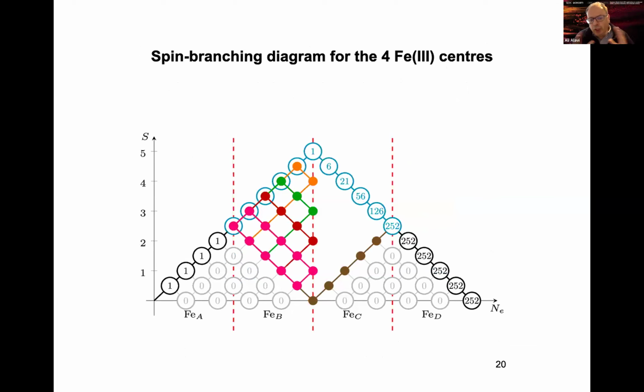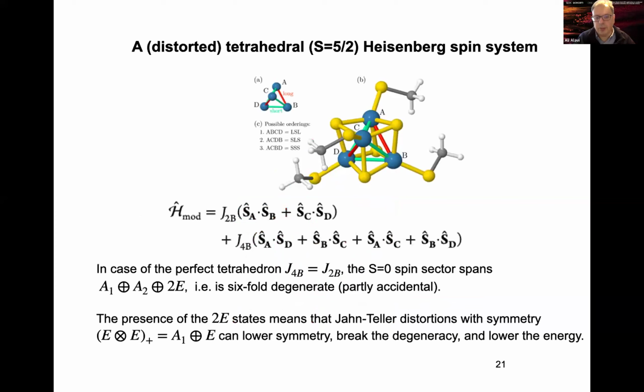So what we've actually shown is that through this reordering trick, we can drastically compactify what is required to obtain a qualitatively correct description of the ground states. And you can rationalize that in terms of these spin branching diagrams. So everything turns out to be very consistent.